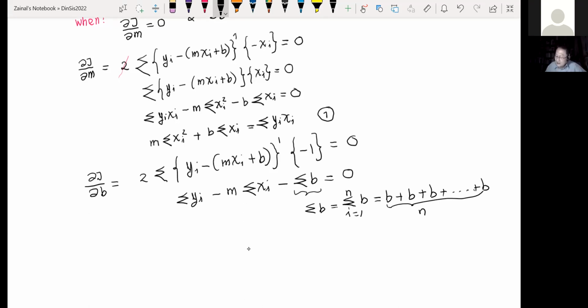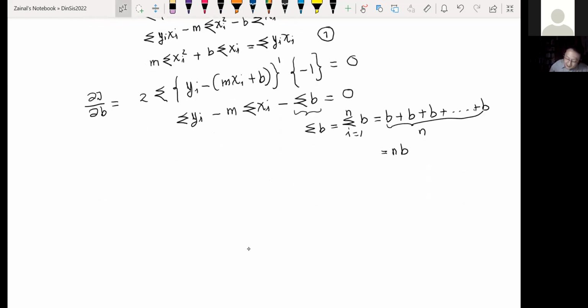So this is the same as n multiplied by b. Therefore, this equation becomes m multiplied by sigma xi plus n multiplied by b is the same as sigma yi. And this is equation 2.